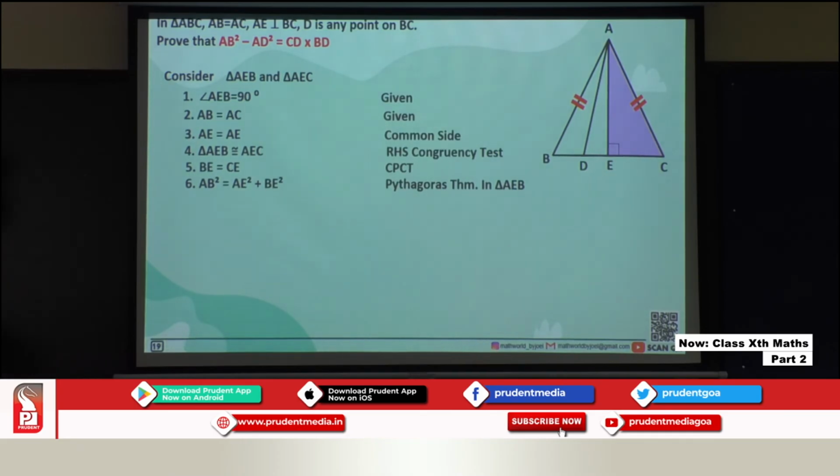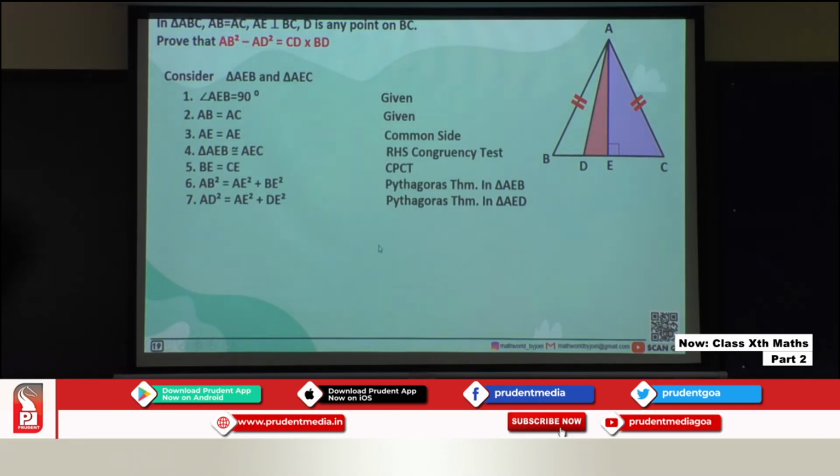Triangle ABE. That's it. Now, once I have done that, all I will do is consider this triangle, which you can see, that is in red, that is ADE, and I can write Pythagoras theorem for that triangle as well. So when I do that, AD square becomes the hypotenuse and is equal to AE square plus DE square, the sum of the squares of the other 2 sides.